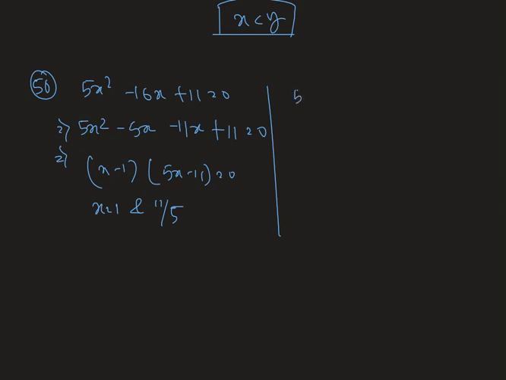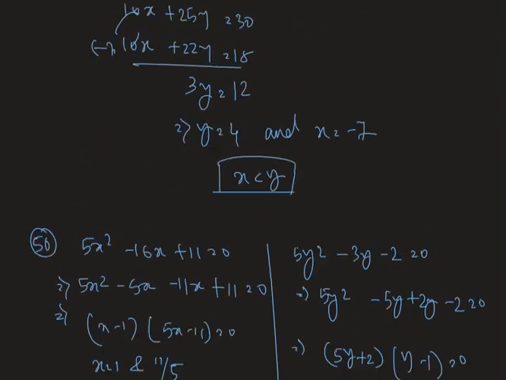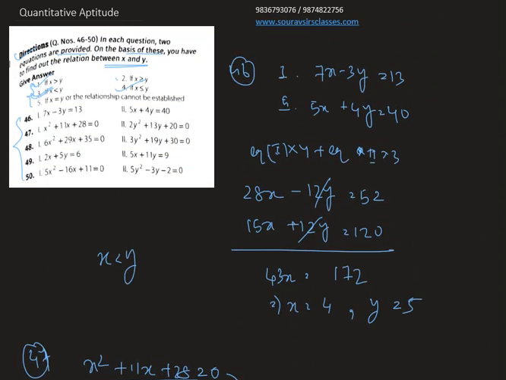And secondly we have 5y square minus 3y minus 2 equals 0. After factorization we get 5y square minus 5y plus 2y minus 2 equals 0. Hence 5y plus 2 and y minus 1 are the two factors. Hence the values of y are 1 and minus 2 by 5. Hence here also x is greater than or equal to y. Therefore option 2 is correct for this question.